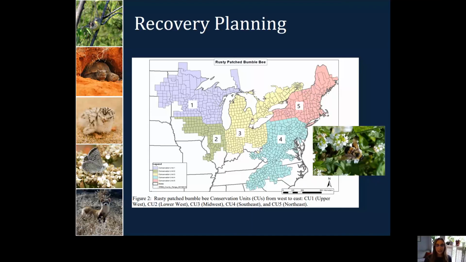The species status assessment for the rusty patch bumblebee is a really excellent example of an assessment that informed both the listing decision and recovery planning, for which conservation units mapped here were delineated and used to develop recovery criteria. And even with that assessment, additional data on the composition of healthy populations would have been very informative in developing the recovery plan. For example, baseline genetics data, pathogen loads, and colony sizes would have been really useful information to help inform recovery targets.